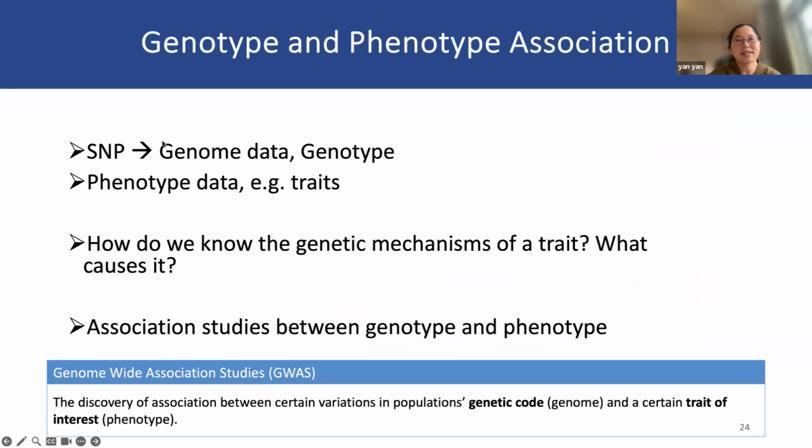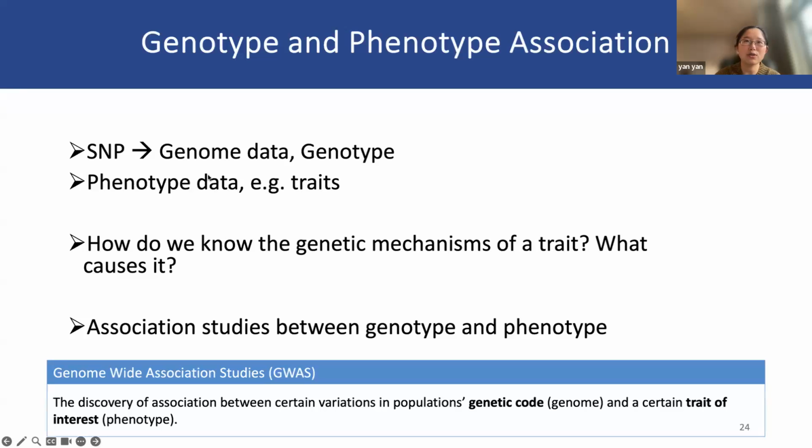And with that, we can know the variations on the genome, but we also need another type of data, which is the so-called phenotype. So a simple example can be disease. So if some individual has a certain disease, while others do not. If we're working on plants, there could be some different kinds of trees.